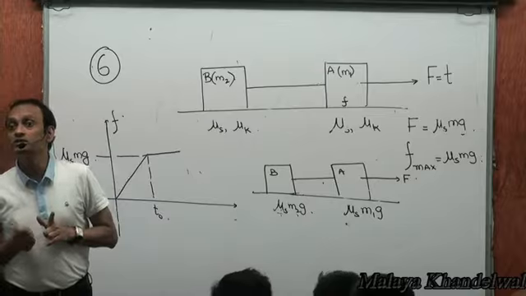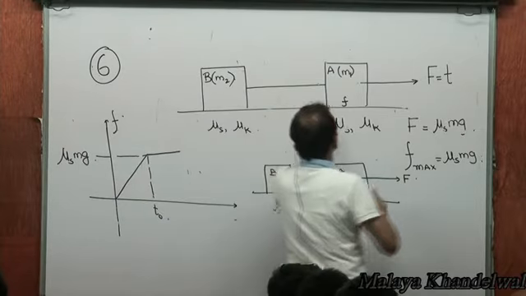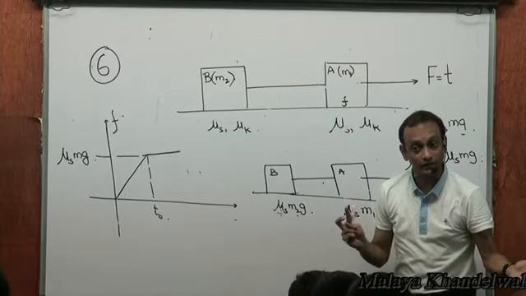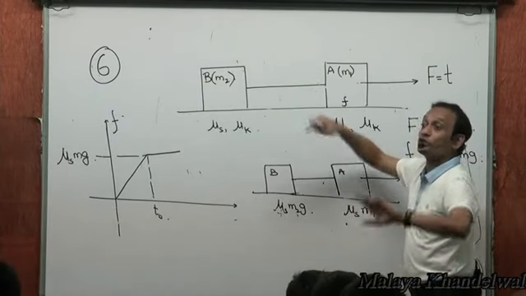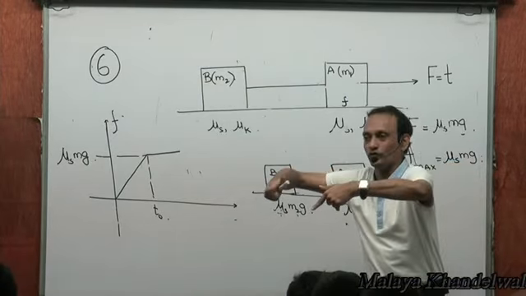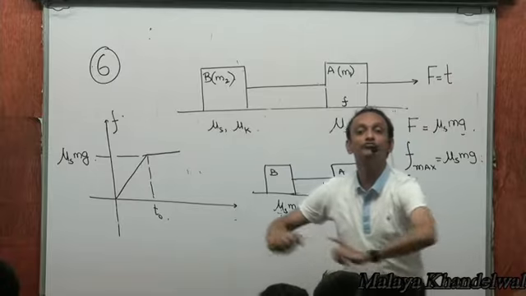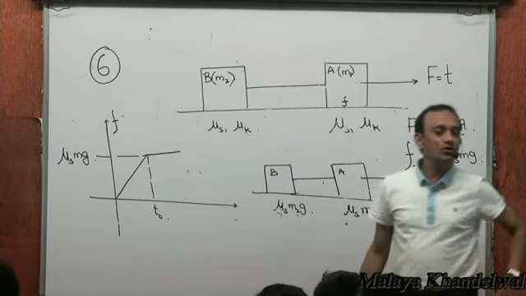Why? Because of the propensity for A to move. If there was no string, A would have started to move and friction would have turned kinetic. But because of the string, the tension will now take over. It will try and hold A back. So friction will remain static because tension will prevent further movement of A.